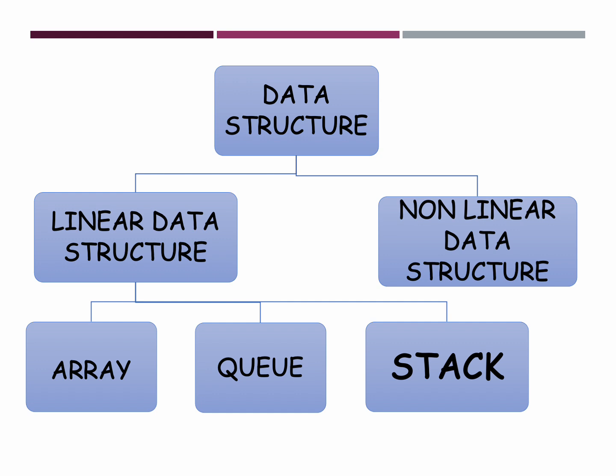In linear data structures, we have arrays, queues, and stacks, where elements are arranged sequentially, and in non-linear data structures such as trees and graphs, the data elements are not arranged sequentially. In these lectures, we will focus on stacks and queues.